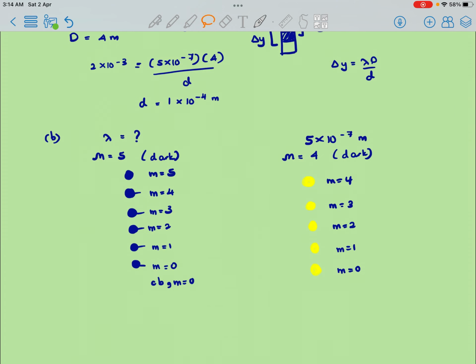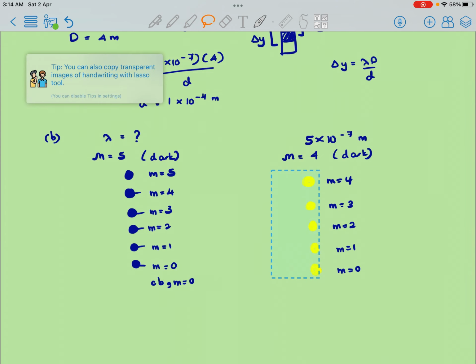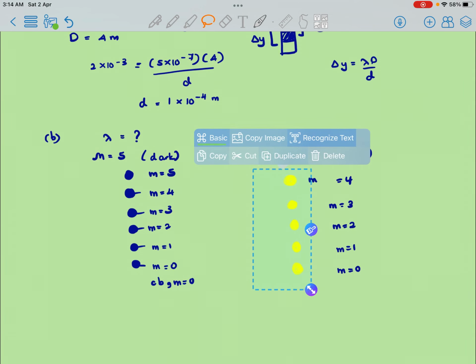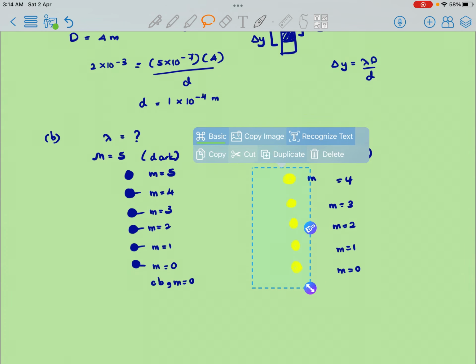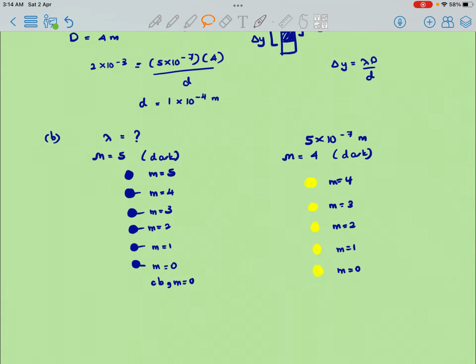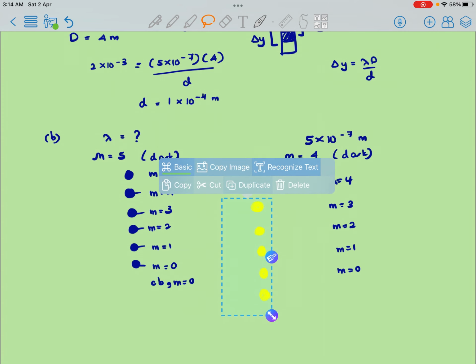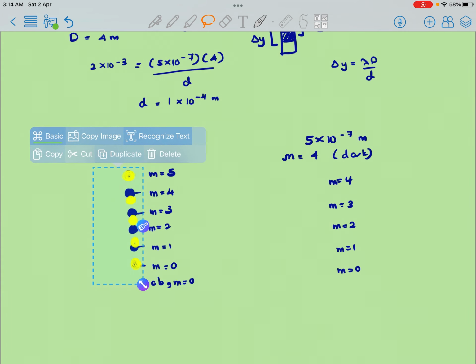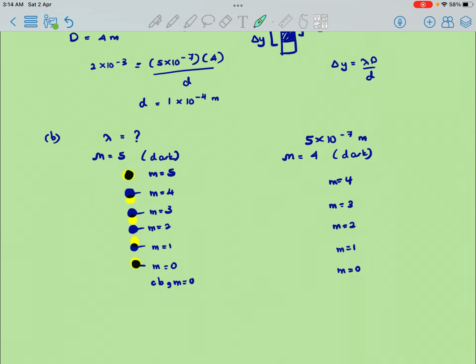Remember I told you at the same time, because we did the experiment using two lights, we see two results. But we know that m equals to 4, I'm going to take the colour only, m equals to 4 that uses light of wavelength 5 times 10 to the power of 7, overlaps at the same point as the m equals to 5 for the lambda that we don't know.